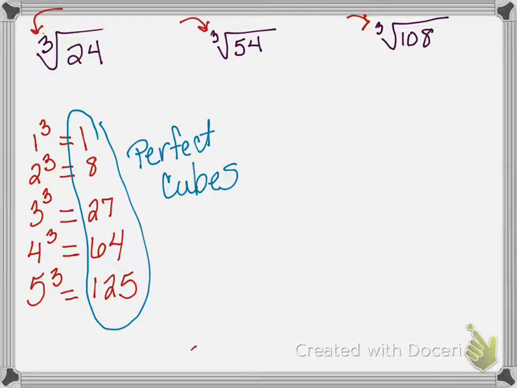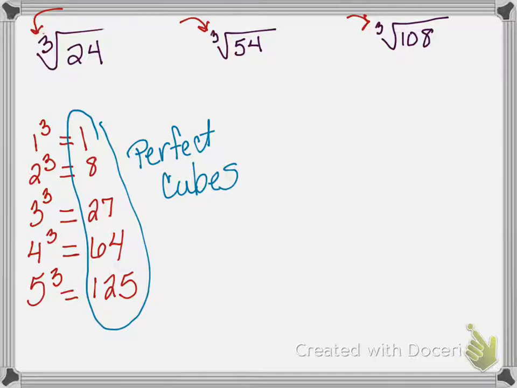It's much more difficult to find perfect cube factors. So I'm going to solve these both ways. I'm going to use prime factorization, and I'm going to show you how to find a perfect cube factor. I would say when you're finding the cubed root of something, the better way to do it is prime factorization.